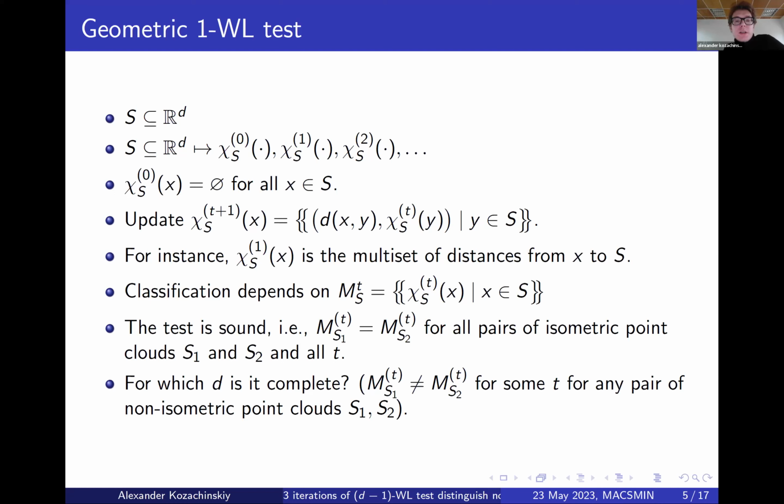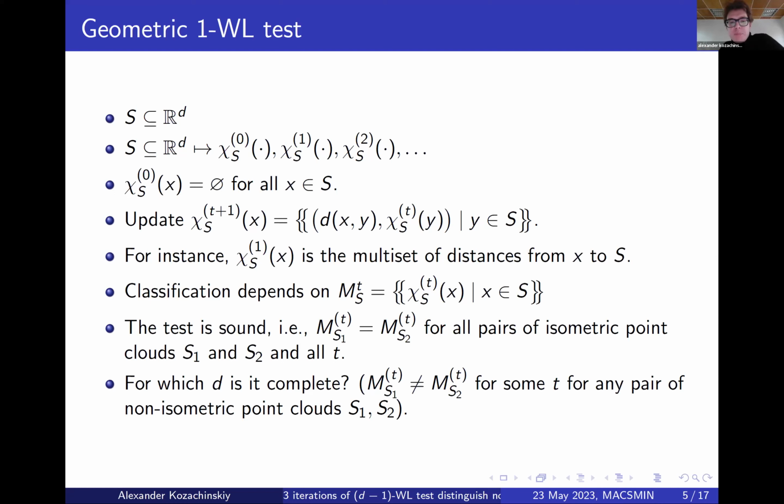And then you can ask, if I have 2 isometric point clouds, you can observe that after any number of iterations, these labels will be the same. Every label will appear equally many times in both of them, because you can permute, and then everything will be the same up to this permutation.